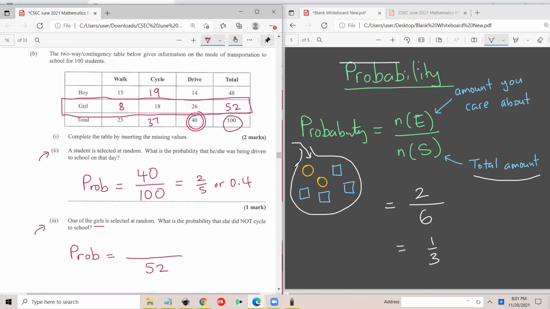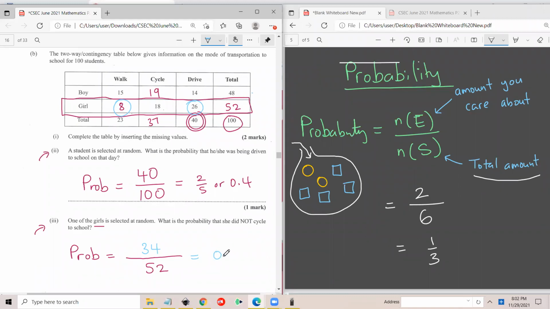And how many girls did not, keyword, did not cycle? Because that's who you care about, the ones who did not cycle. That will be the walking persons and the driven persons. So you add up the 8 and the 26, and you get 34. Now you divide it: 34 divided by 52.